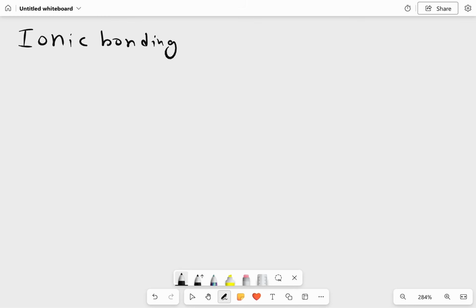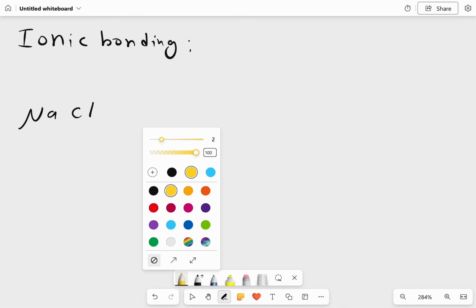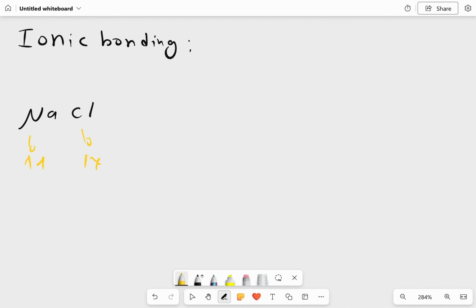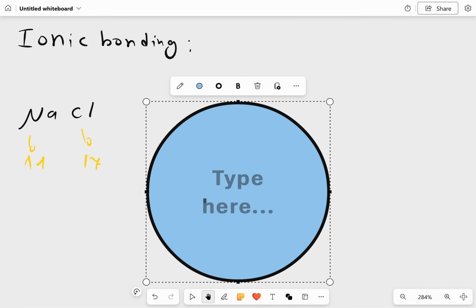An example of this can be NaCl. The atomic number for Na is 11, and the atomic number for Cl is 17. Let's make the atomic configuration and it will be much easier to understand.